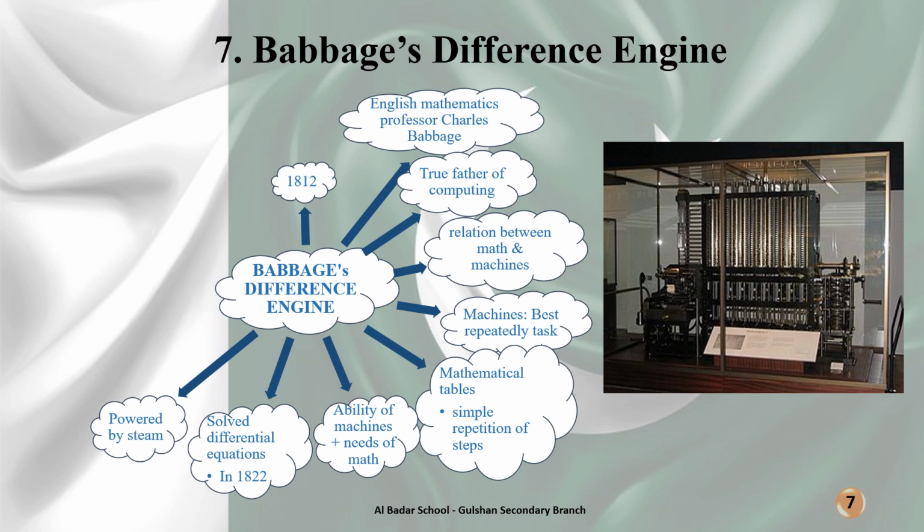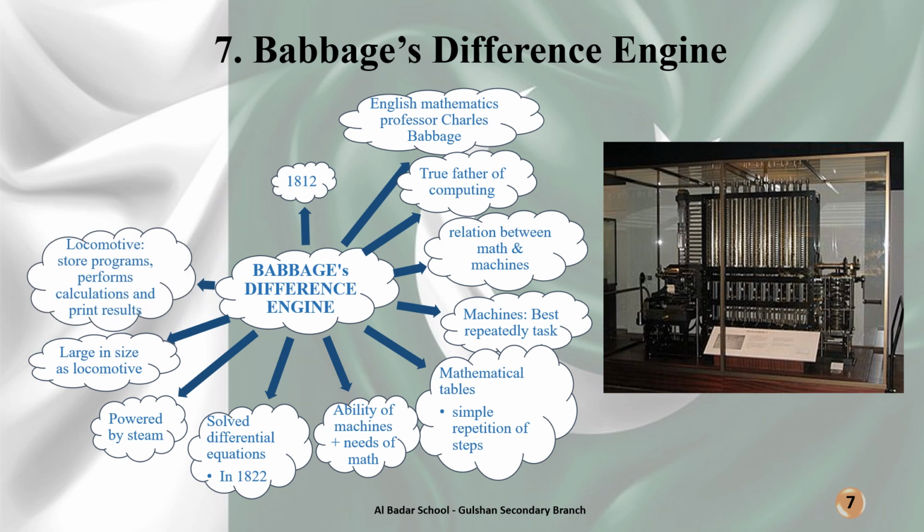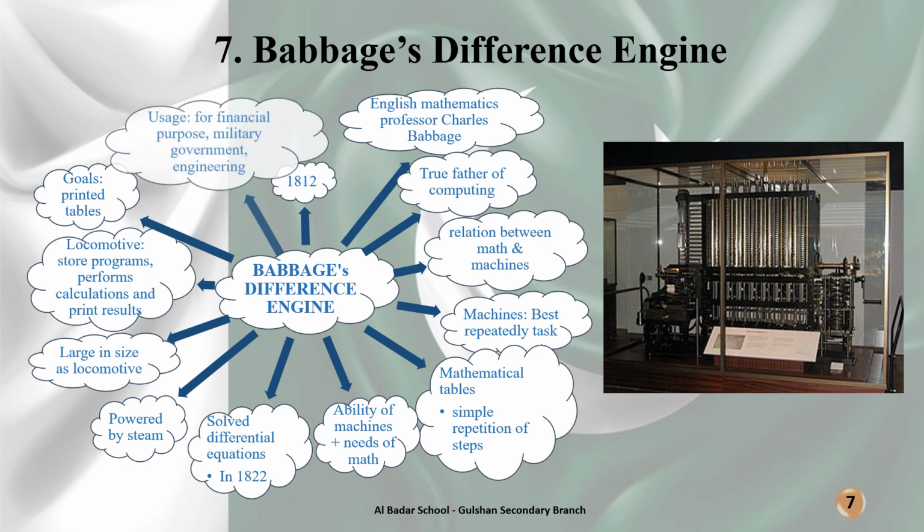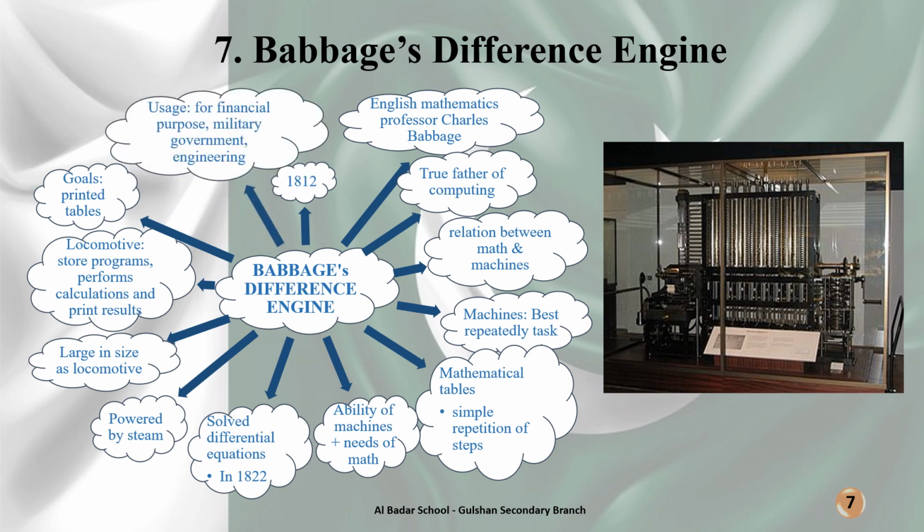So this machine was powered by steam and large as a locomotive, means it has the size of an engine, and this machine would have a stored program and could perform calculations and print the results automatically, and its goal was to output data as printed tables, a necessity for a number of financial, military, government, and engineering endeavors.